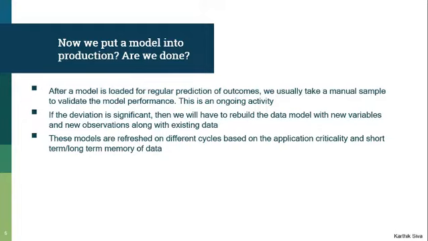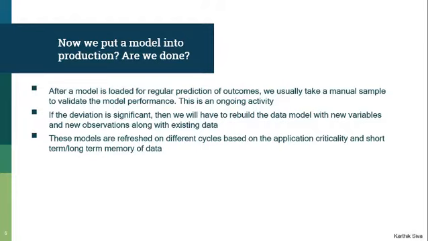Once in a while, we do take a manual sample, validate it manually as an ongoing activity, a small subsample. For example, if there is an insurance fraud model that we have built, even though the model is saying somebody is fraudulent or not, we might still take a subsample and then validate it manually. This is to ensure that we are constantly evaluating that the model is doing well.